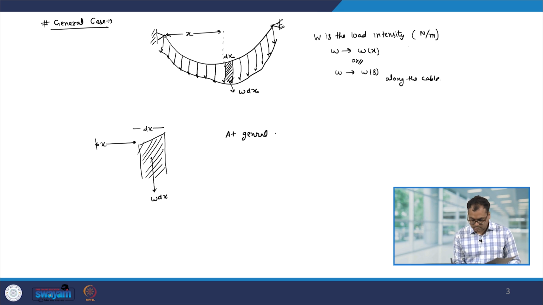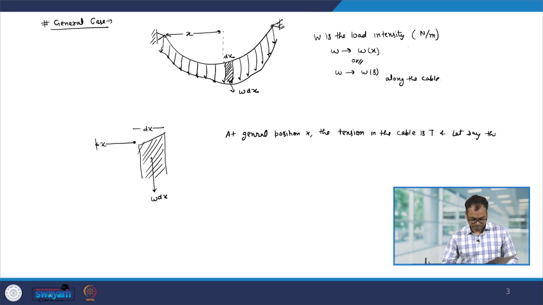and let us say at this general position x, the tension in the cable is T, and let us say the cable makes an angle theta with the horizontal.